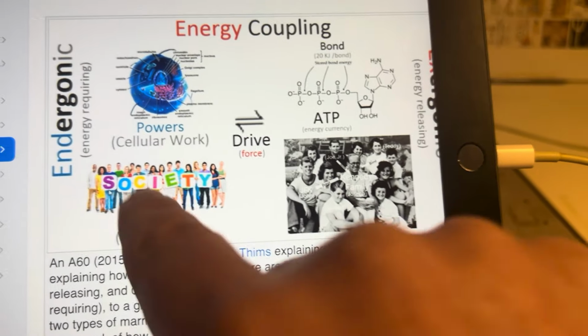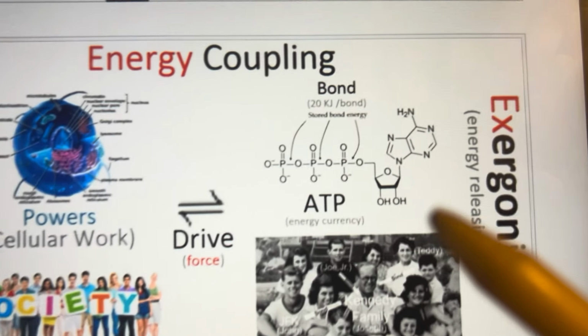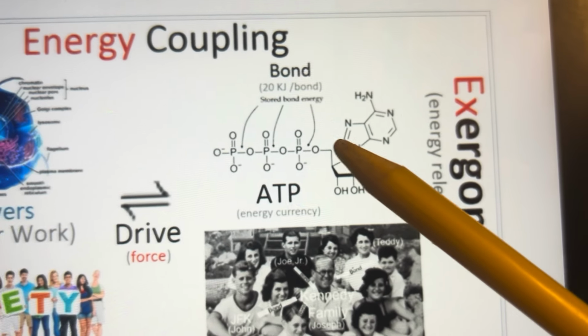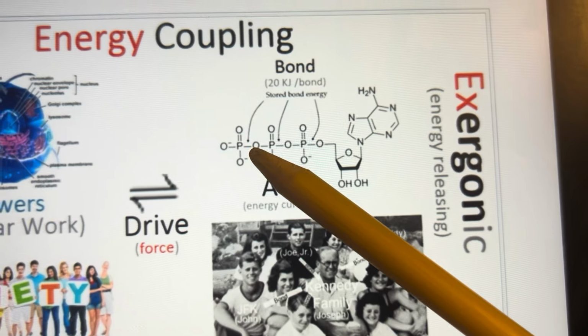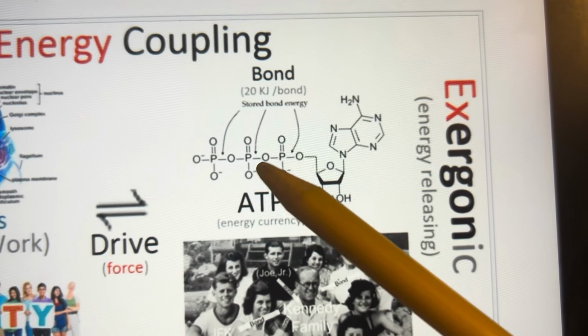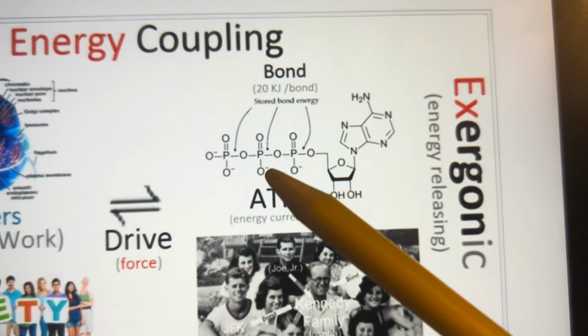So when we look over here at a basic diagram of this, we see that a molecule such as ATP is an exergonic, or energy releasing, molecule when its phosphate, or PO, bonds are cleaved. It releases a certain 20 kilojoules per bond. And when the second PO bond is cleaved, it releases another amount of kilojoules per bond.